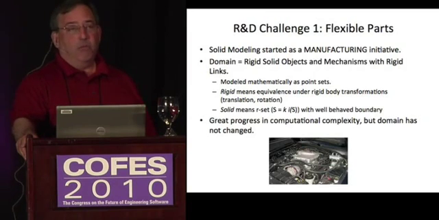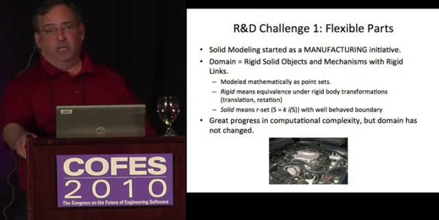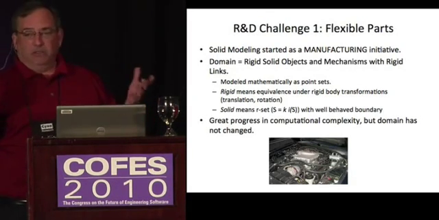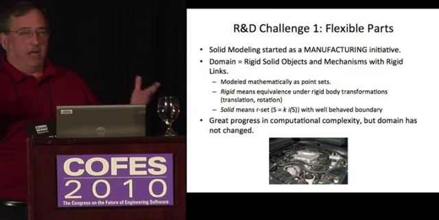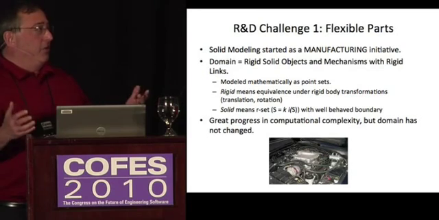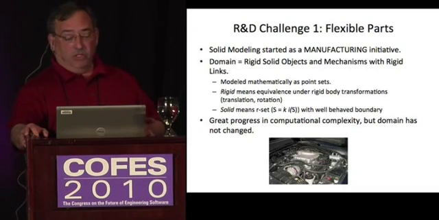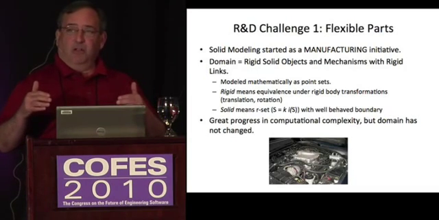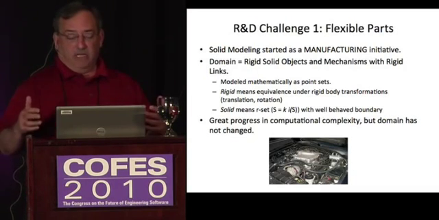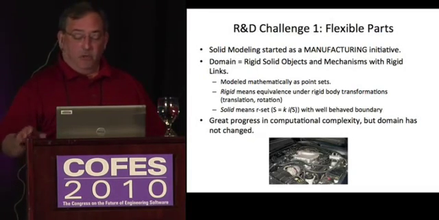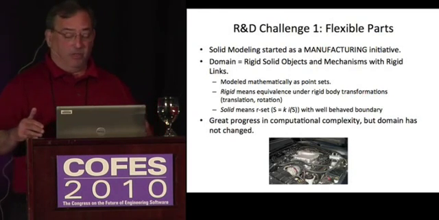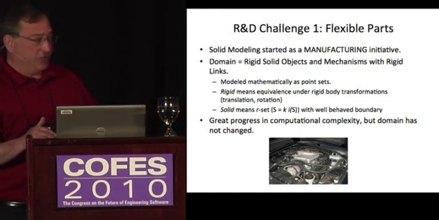We have made tremendous progress since those early days in terms of the amount of data, or the complexity of the model, the assembly that we can put into the computer. But the domain is still rigid solid objects and mechanisms with rigid links. We have good mathematical characterization of what that means. So there's been great progress in computational complexity, but the domain has really not changed.